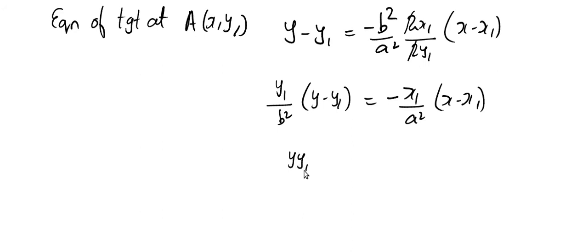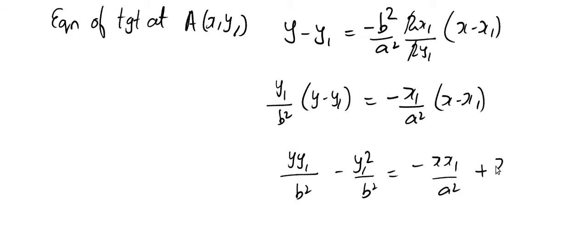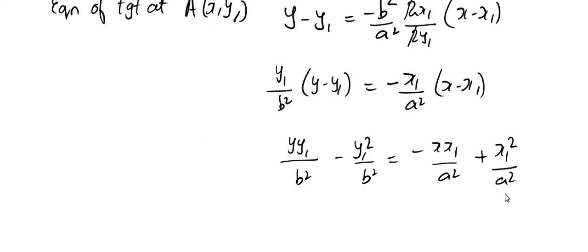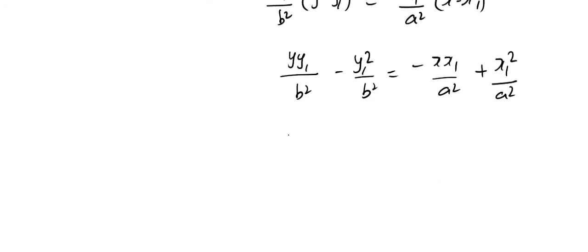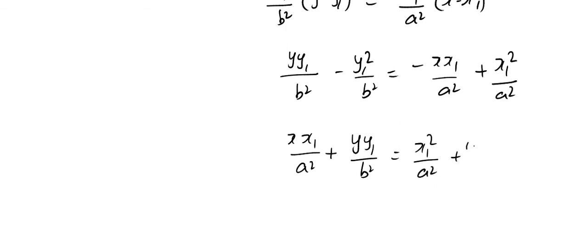So y1 y by b square minus y1 square by b square equal to minus x1 x by a square plus x1 square by a square. Now I'll take you to the left side, right side, etc. Our usual trick. x1 x by a square plus y1 y by b square equal to x1 square by a square plus y1 square by b square.